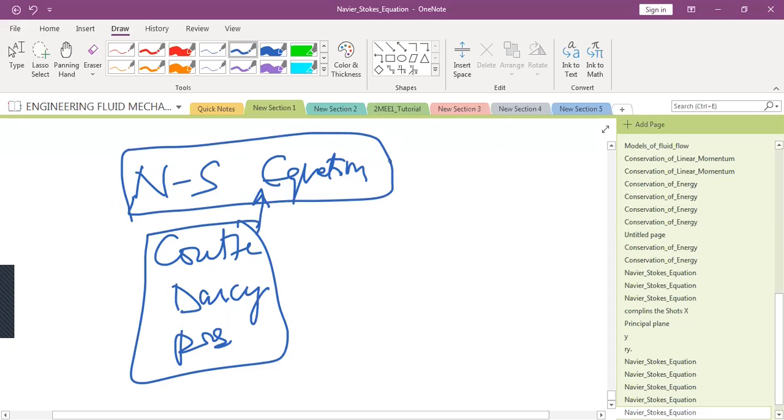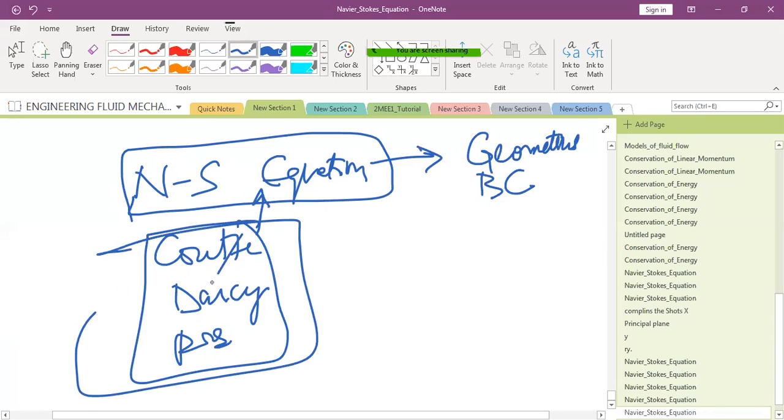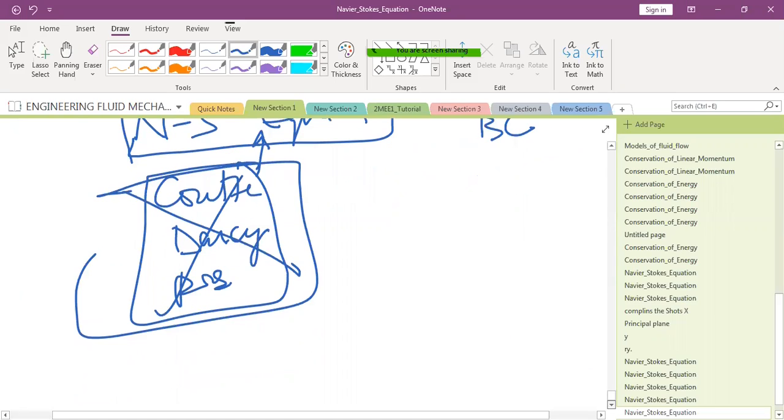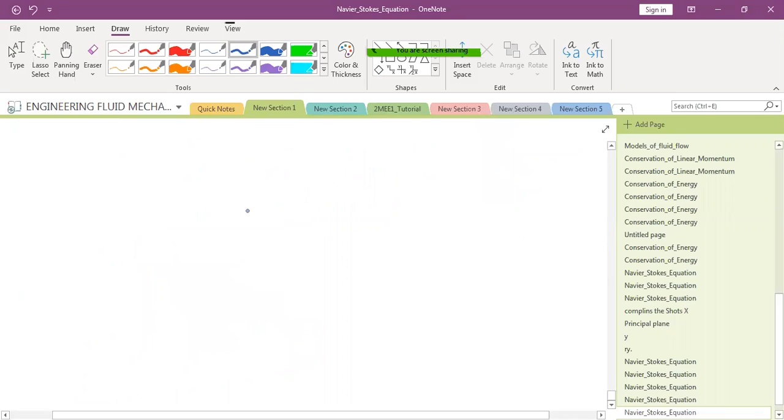Because if the Navier-Stokes equation was solvable for all geometries and boundary conditions, then we wouldn't have required these. Is that clear? Yes. I'm giving you one very small example that will broaden your perspective regarding the Navier-Stokes equation.